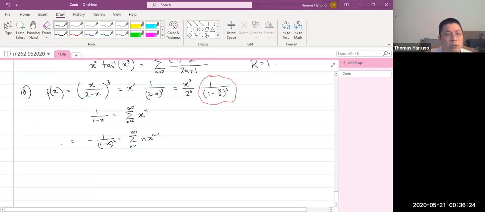This is actually the same as the negative of (1 minus x) to the negative 2. Let me do the derivative once more. It will give me 2, 1 minus x to the negative 3, so this is 2 over (1 minus x) cubed.